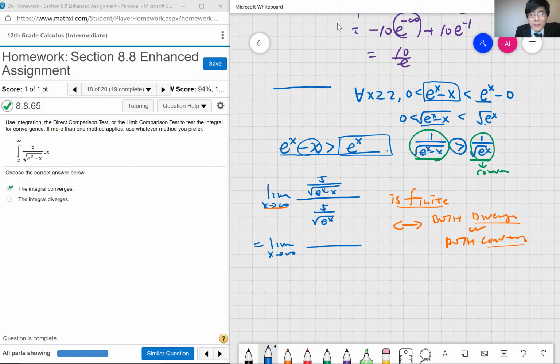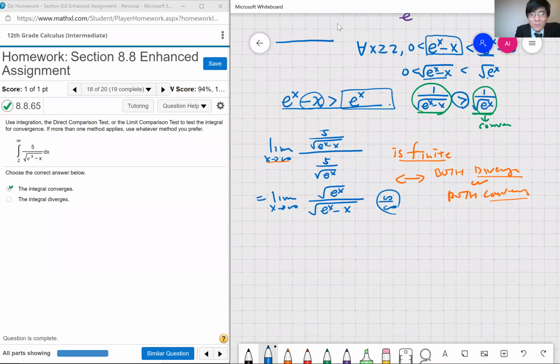So this is going to become square root of e to the power of x over square root of e to the power of x minus x. So this is the limit of infinity over infinity type. So let's divide top and bottom by the largest factor, which is square root of e to the x. So it's going to be 1 minus x over e to the power of x. Okay.